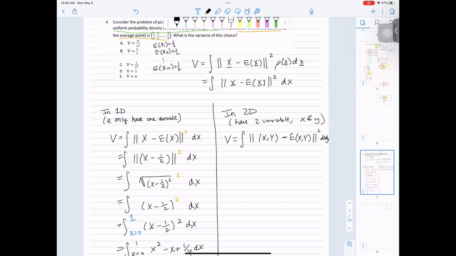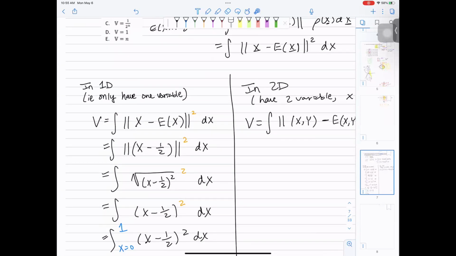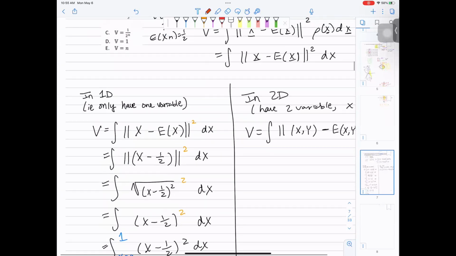Question, is the magnitude not the square root of x squared minus expectation squared? How did we get the square root of the whole thing squared? So if I told you to find the magnitude of 5, squared, what is that equal to?